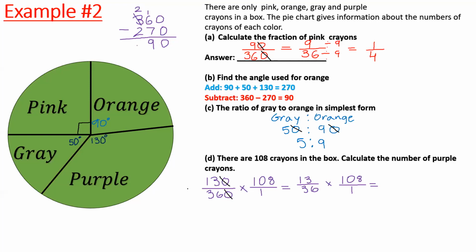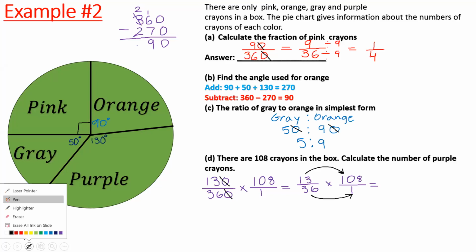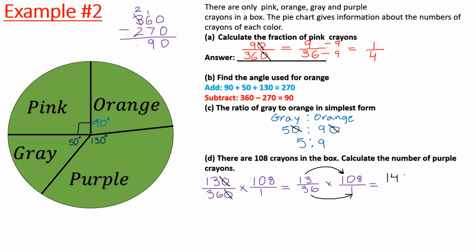So what we have to do here is multiply 13 by 108, and then multiply 36 by 1. 13 multiplied by 108 is 1,404, all over 36 times 1, which is 36.